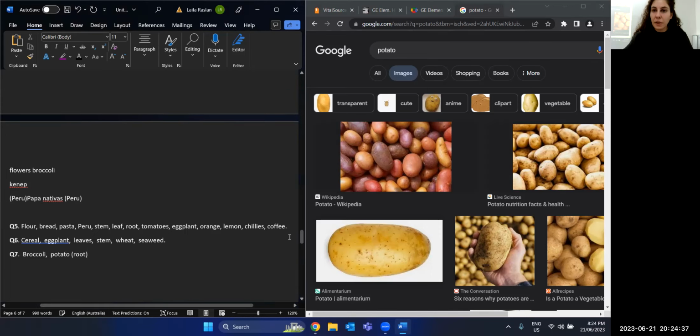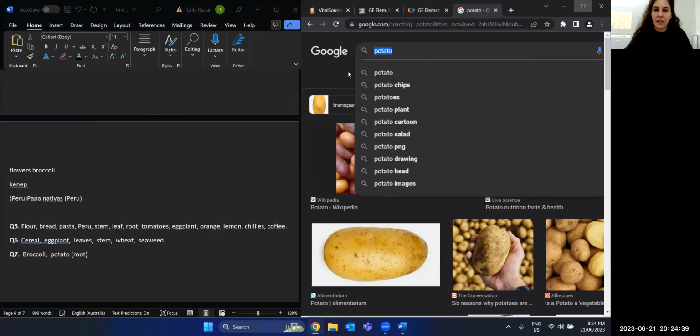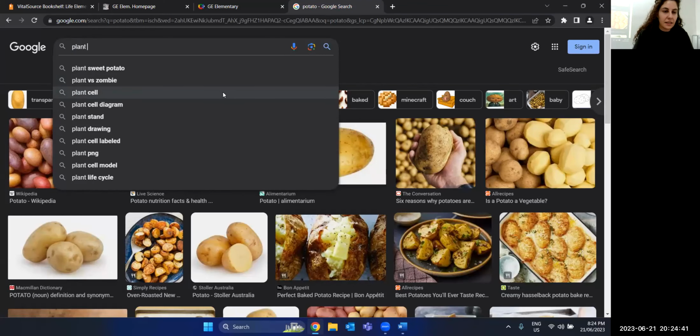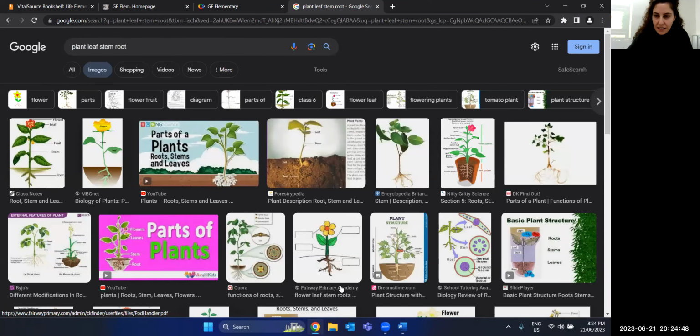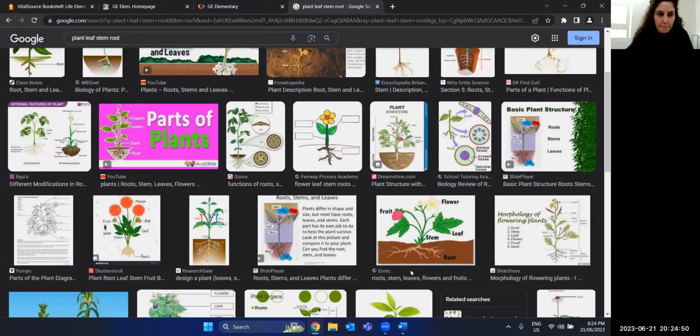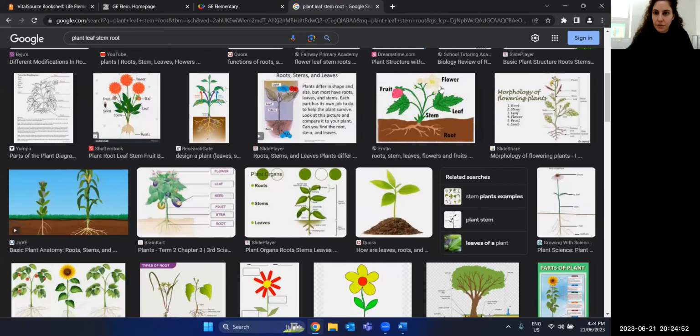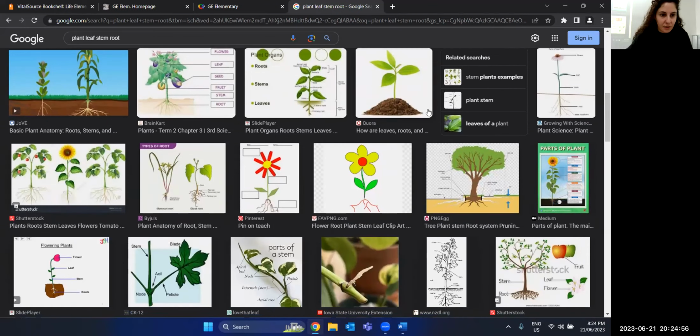So remember, let me add an image. Maybe that will make it more easy. So plant, leaf, stem, root. So let me find a nice image. Fruit, leaf, stem, root. This is a very nice image.